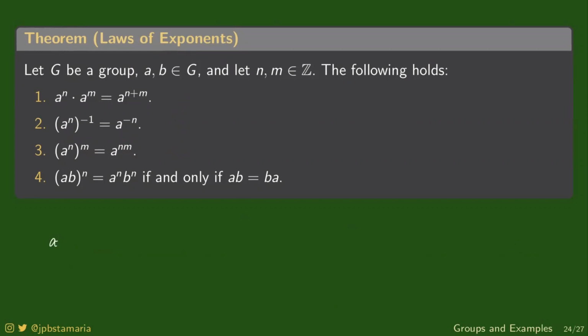Halimbawa kasi, pag meron kang AB squared, ang ibig sabihin talaga niyan, dalawang beses mong uulitin sa AB. Whereas ang A squared, B squared, AA, BB. Parehas ba yan sa group? No? In groups, these two expressions are not necessarily the same because AB is not necessarily the same as BA.